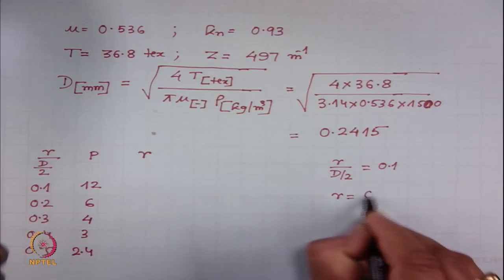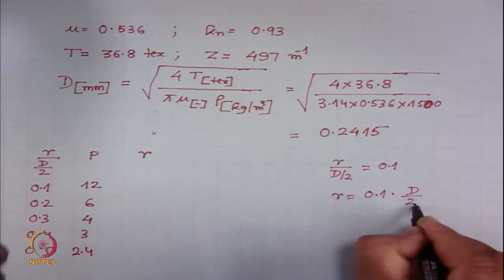So, R is equal to 0.1 into D by 2, and D is given here.